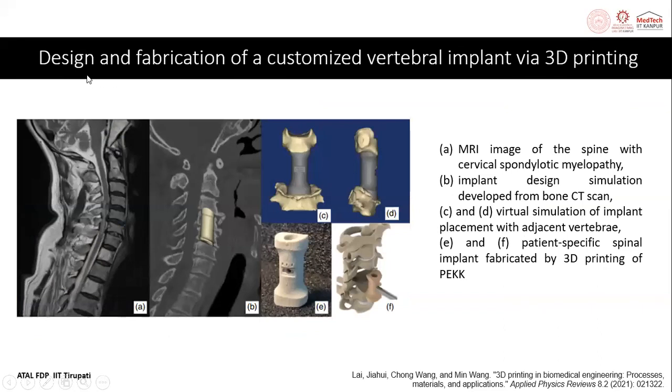In the same way, the design and fabrication of customized vertebral implants via 3D printing is also done. A is the MRI scan. Then implant design simulation is conducted. Then in C and D, we do virtual simulation of the implant. And E and F are printed by PEEK.